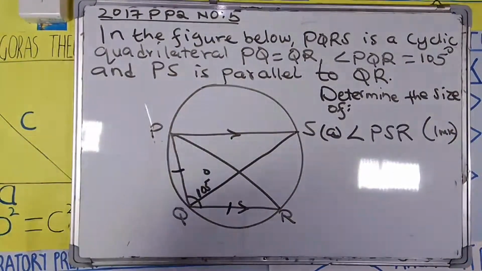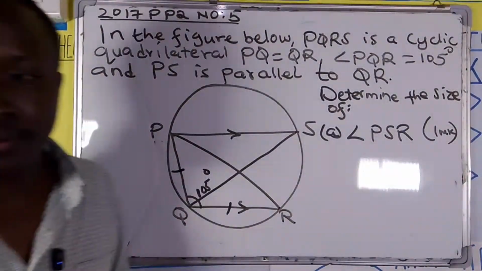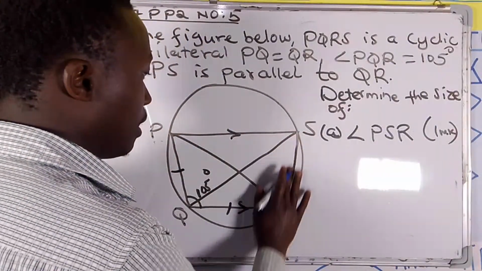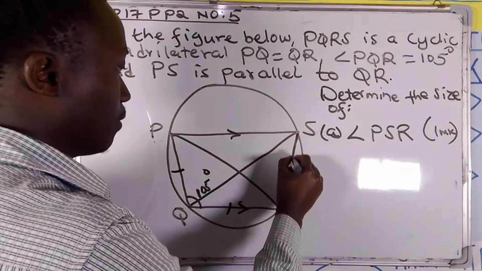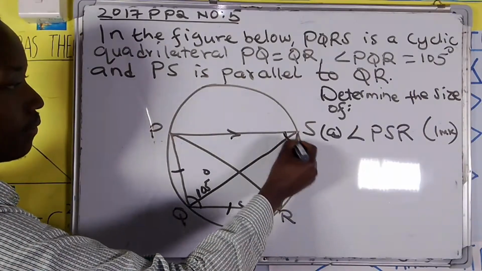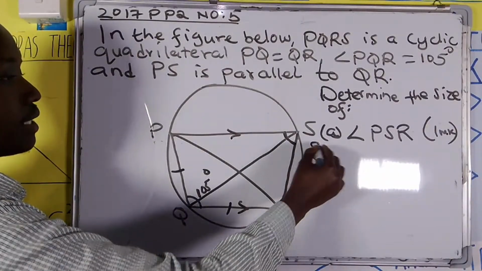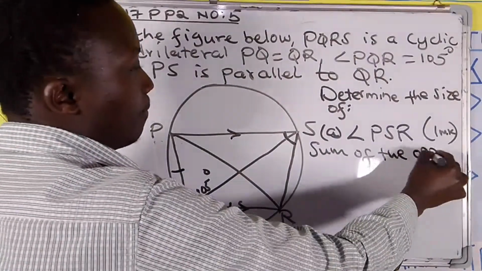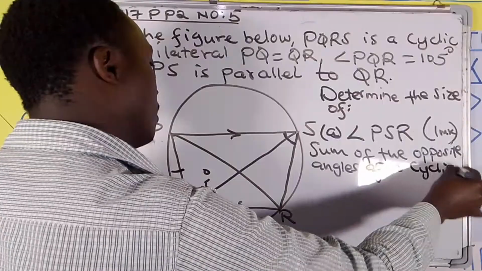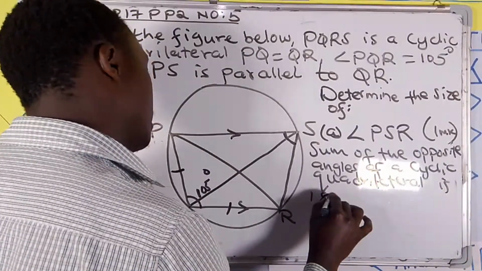So for us to determine angle PSR, this one is a cyclic quadrilateral. Remember we said that the sum of the opposite angles of a cyclic quadrilateral is 180 degrees.